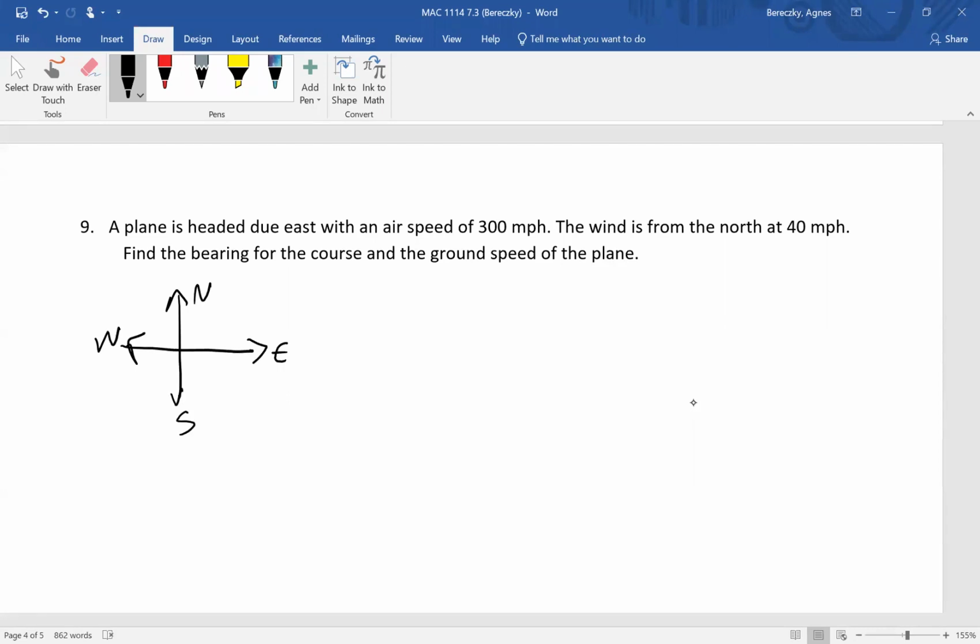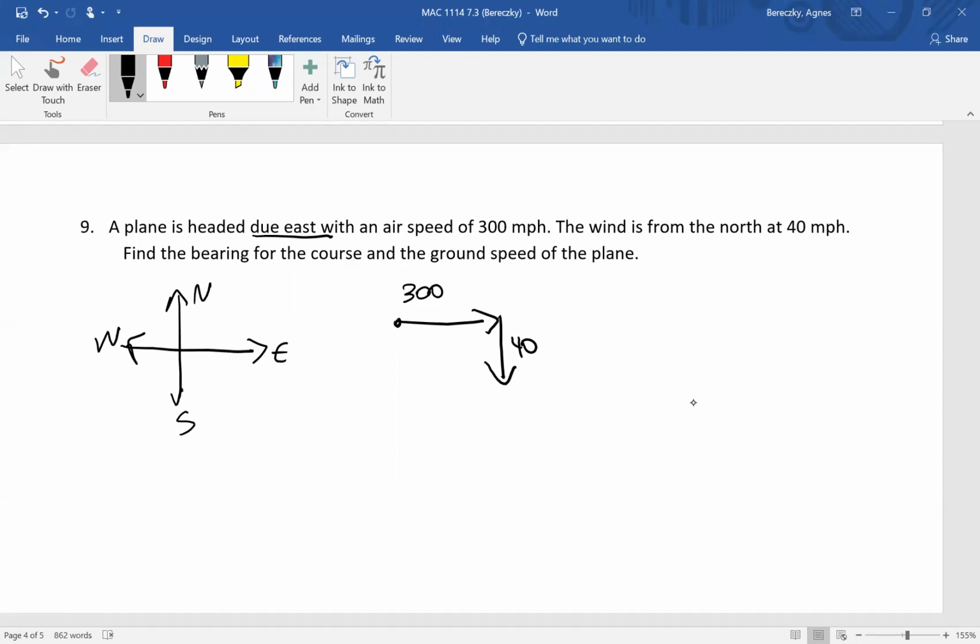The plane is headed due east with the airspeed of 300 miles per hour. The wind is from the north, so it's kind of like hitting on the nose of the plane from the north, 40 miles per hour. Find the bearing for the course and the ground speed of the plane.